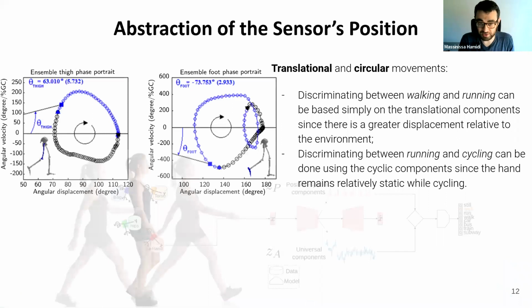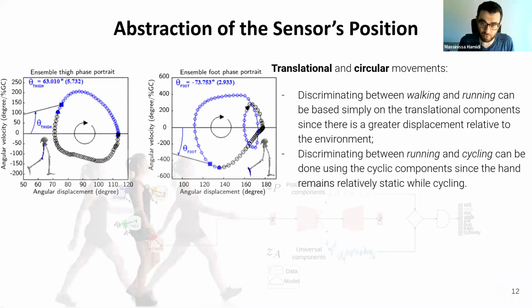As we said previously, different views do not necessarily convey information of the same nature. To make this fundamental idea more concrete, let's consider, for example, the activity of walking or running.